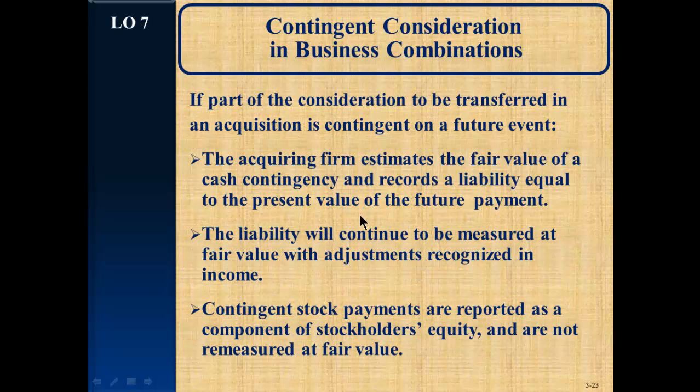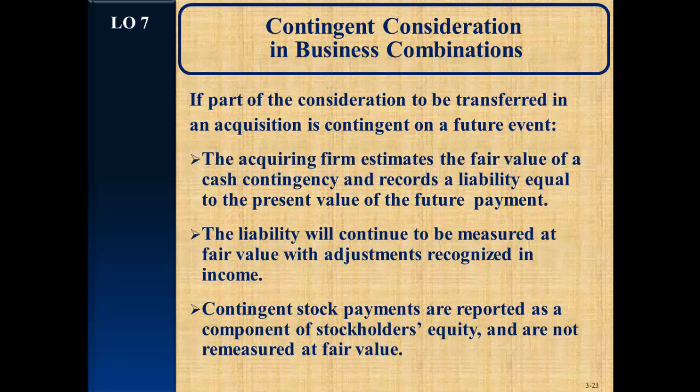Now, contingent consideration. What that means is you're not just writing a check or doing a wire transfer for the entire purchase price of the subsidiary. If you're buying, say, 100% of the stock or 90% of the stock, sometimes it's very easy to say, here's the total amount of consideration that I'm giving to buy this investment. But you may have an additional piece that is contingent upon certain things happening, certain hurdles being met.